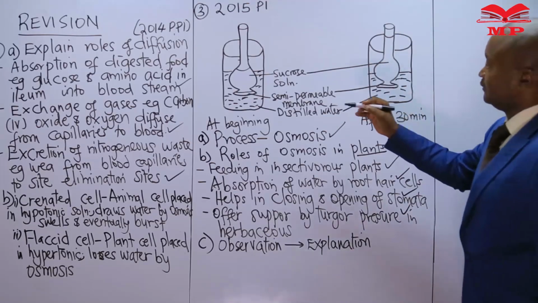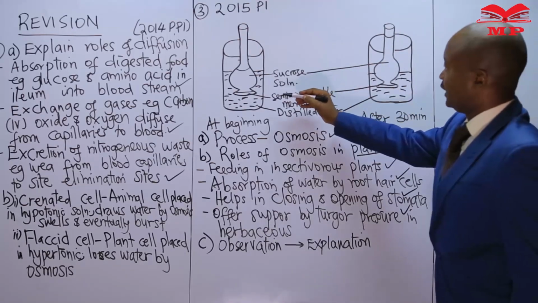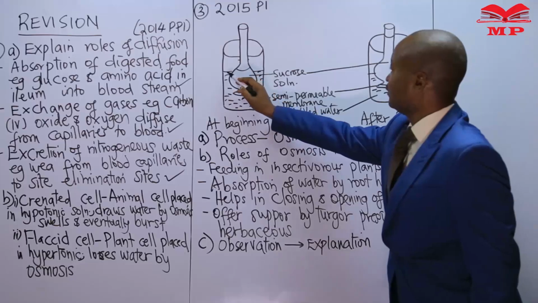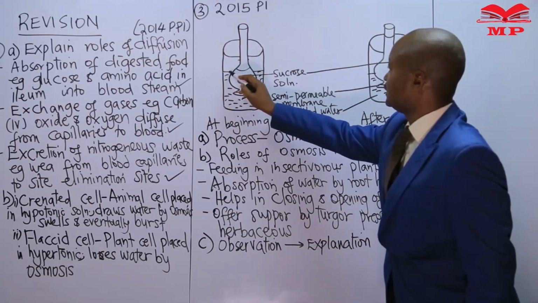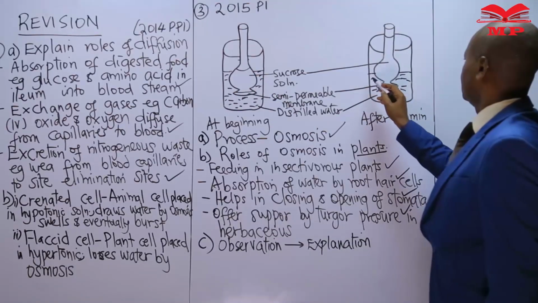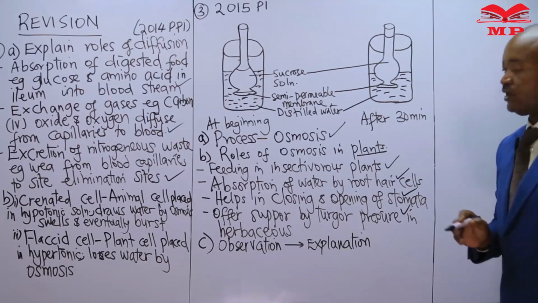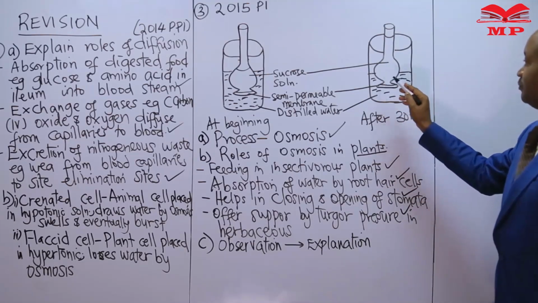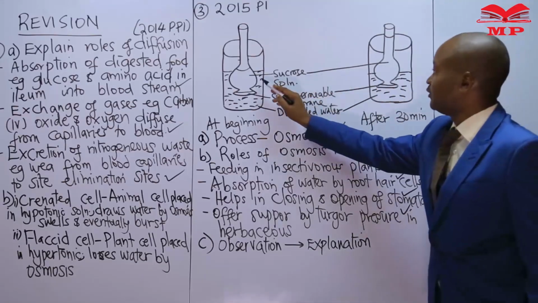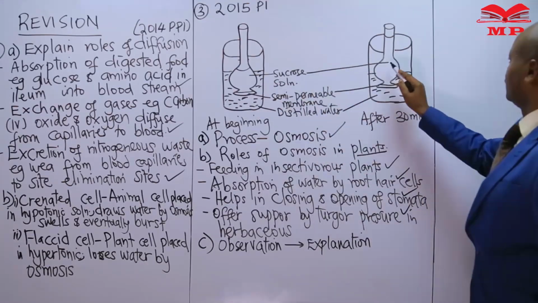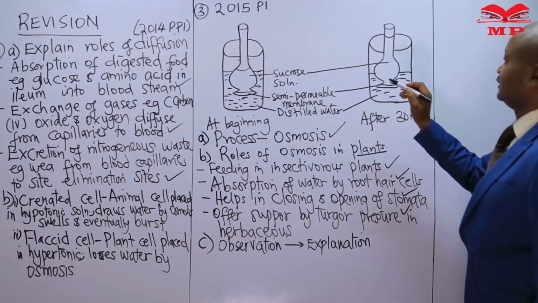So like here, we are seeing that the level of distilled water dropped. So you must explain why that level of distilled water dropped. Then we have the level of sucrose solution that rose in the thistle funnel.